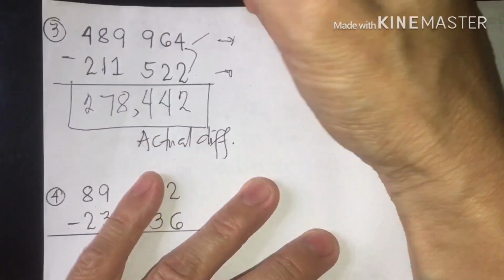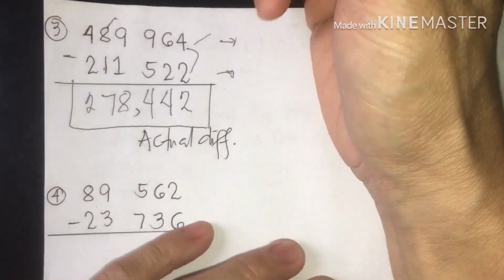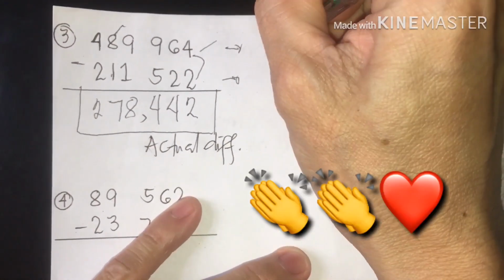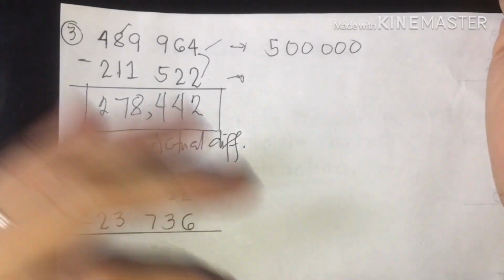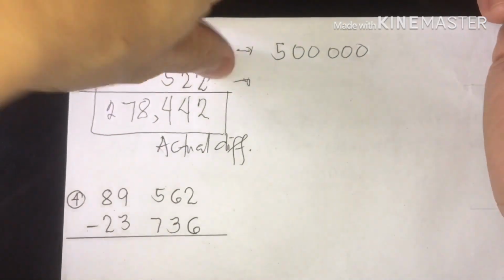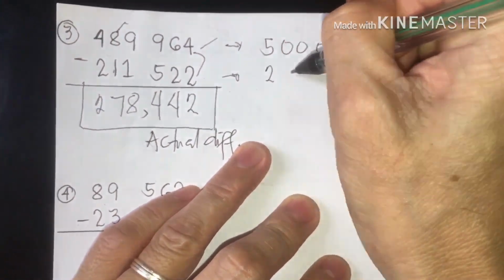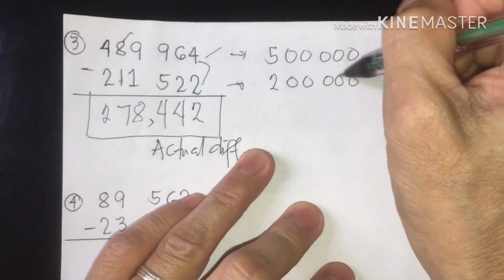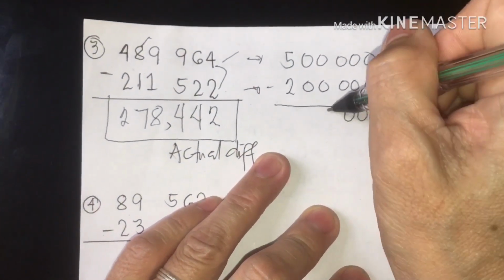Now we are going to proceed to the estimated difference. We are going to estimate 489,964. Since 8 is rounding up, we're going to write here 500,000. Careful, class. 211,522, since 1 is rounding down, so we're going to write here 200,000. Automatic zeros. Subtract it. All we have to do is bring down the zeros.